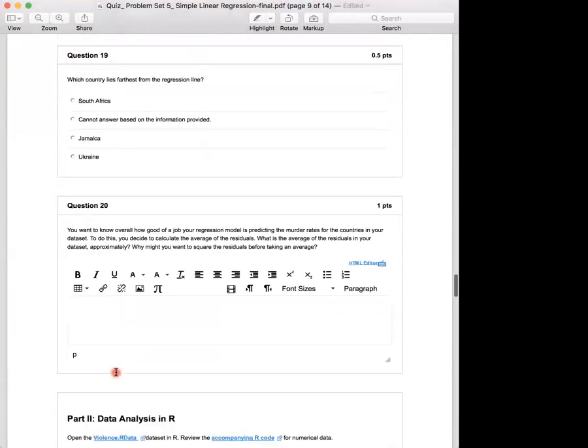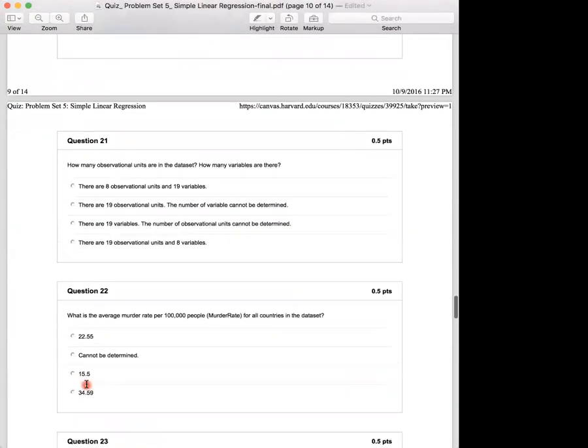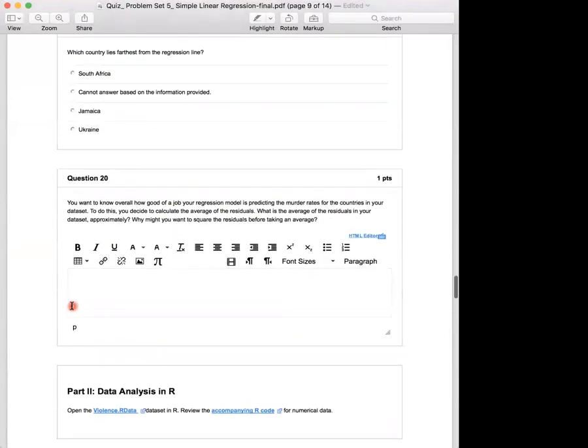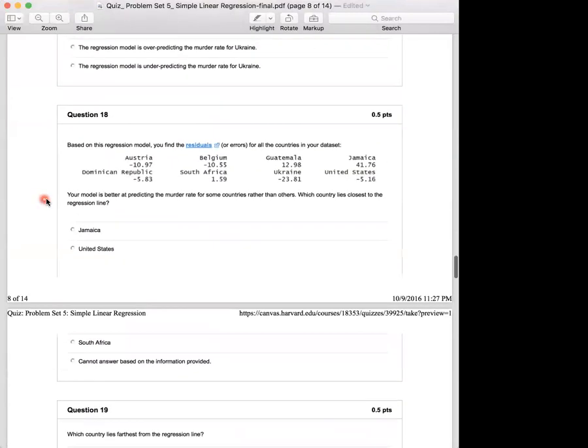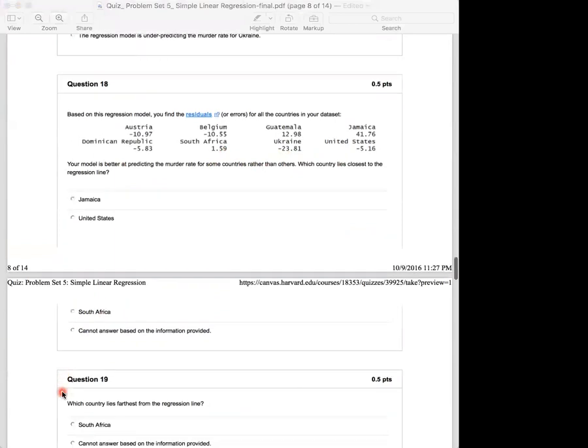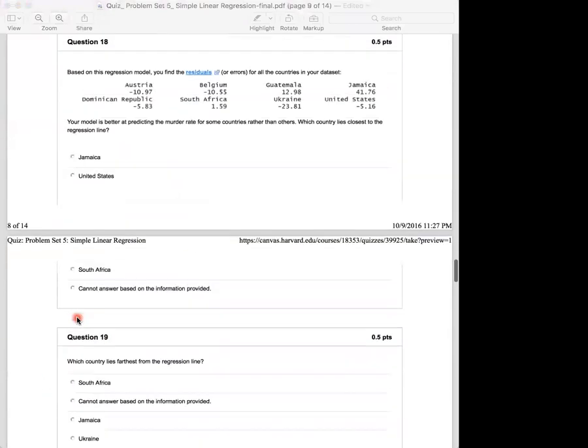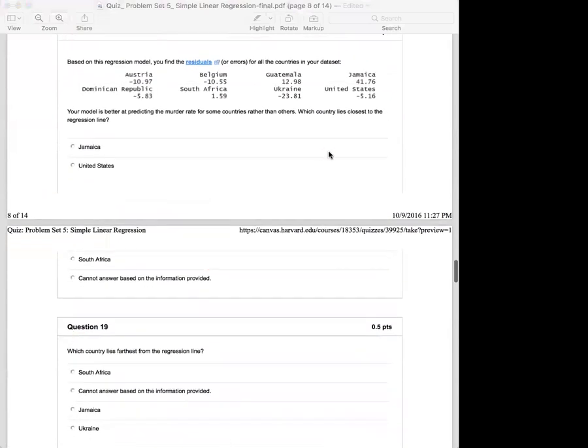I just scrolled up to show you that graph, if you don't want to look at the analysis in R. The country that lies closest to the regression line is going to be the one with the smallest absolute value. In this case, the correct answer is South Africa. And the country that lies farthest from the regression line is going to be Jamaica.